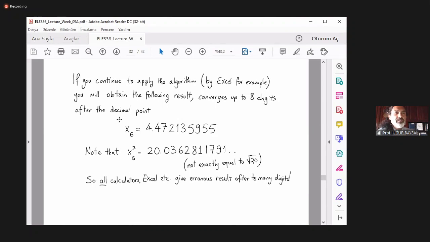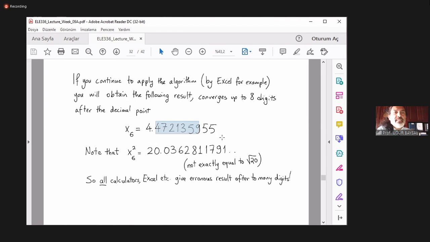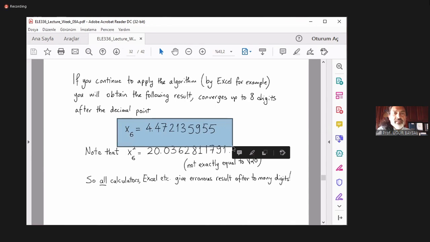The actual value can be obtained with 2, 6, 8, 9. Sorry, 2, 2, 4, 6, 8, 9. Yes, 9 decimal places. Well, this is not the real square root. Of course, it continues, but up to 9 decimal places, we can calculate. How did you find this number? Okay, of course we cannot find this with our microprocessor.